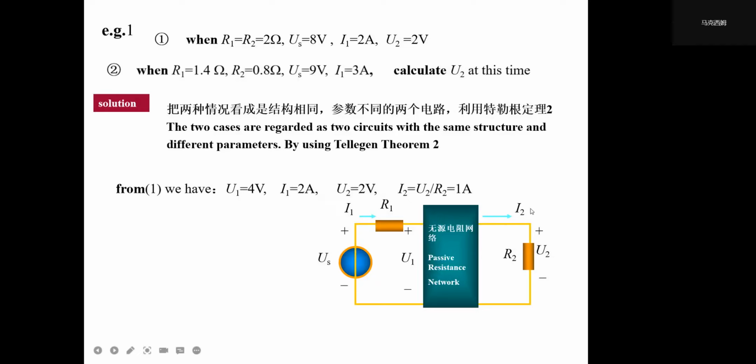So we can calculate this from the first preconditions. And from the second precondition, we can calculate that u1 hat equals 9 minus 3 times 1.4, which is 4.8 volt, and I1 hat is 3 ampere, and I2 hat is 5/4 times U2 hat.